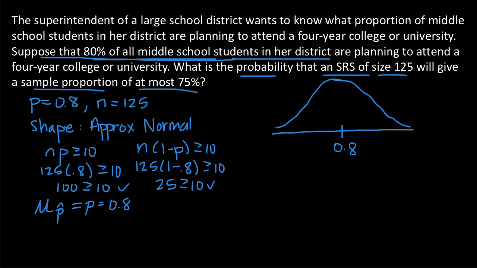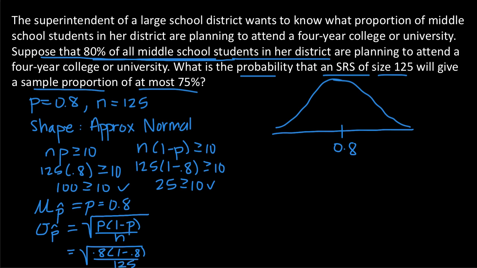And then the spread of the sampling distribution is the standard deviation, sigma sub p hat, the standard deviation of the sampling distribution of proportions. The formula is the square root of p times 1 minus p over n. So square root of 0.8 times 1 minus 0.8 over 125. And that is about 0.036.